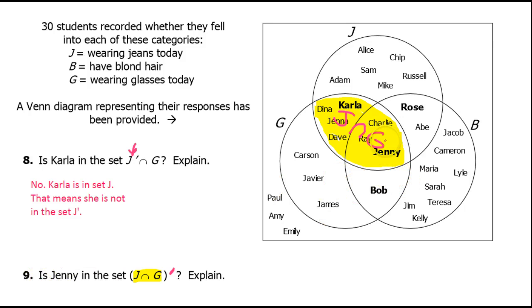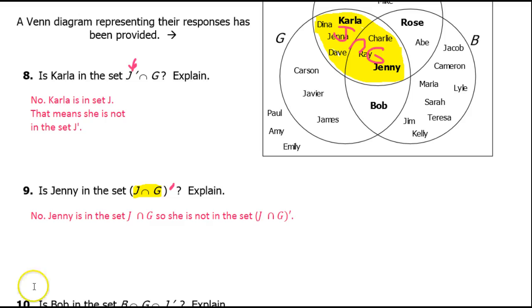And this is another no, because we see that Jenny is inside the set J and G. So that means she's not in the complement of that. She's not in the not J and G set. So again, no. Jenny is in the set J and G, so she's not in the set not J and G.